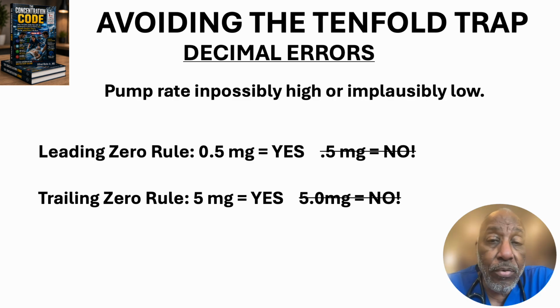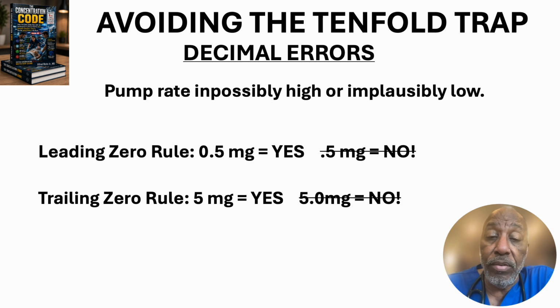The leading zero rule is a documentation and communication standard worth internalizing as a personal habit regardless of what your institution requires. Always write 0.5 milligrams, never .5 milligrams. The missing zero before the decimal point is one of the most common sources of misread orders in emergency medicine.